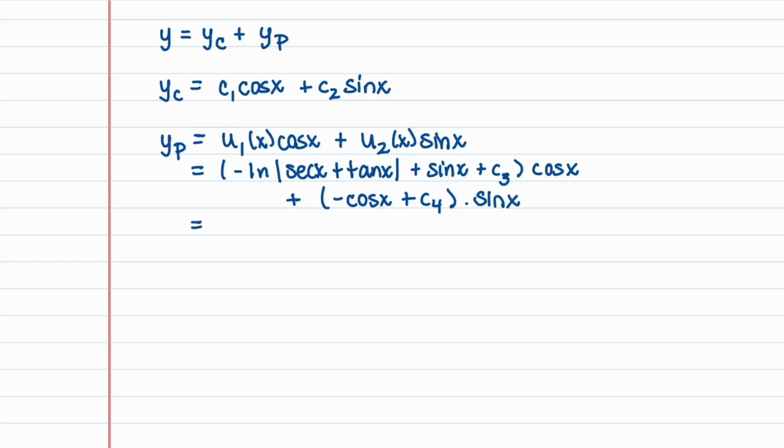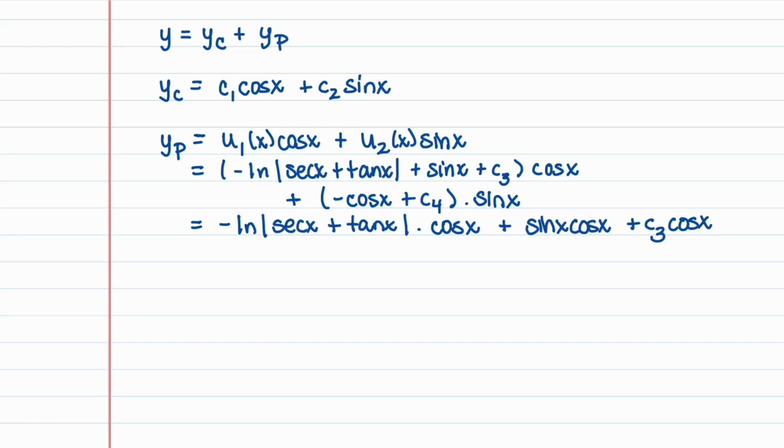Let's go ahead and multiply everything out here because some things are going to cancel, which is going to be really nice. We have minus natural log secant x plus tangent x times cosine x, plus sine x cosine x plus C3 cosine x, and then we have minus cosine x sine x plus C4 sine x.